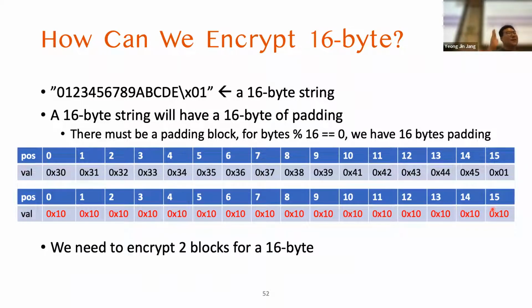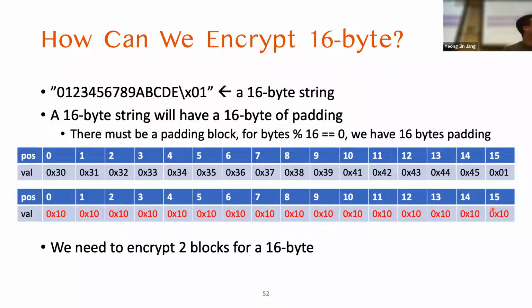By doing so, we can always detect the padding, and because the padding exists, we know the exact size of the plaintext. Question: like the null character in C, something that tells you to stop? Yes, something like that.